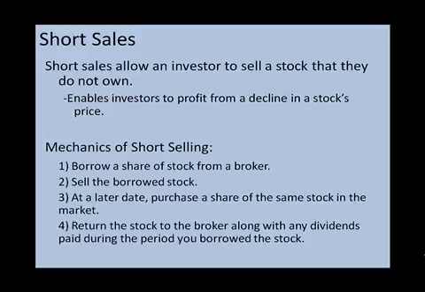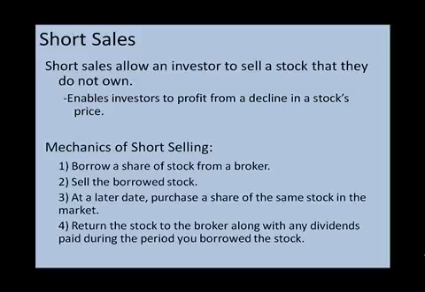So how do you sell a stock that you don't own? Well, the first thing you've got to do is borrow a share of stock from a broker. Once the broker has agreed to lend you a share, you then sell that share of stock. That gives you some income today because you've sold the share, so you get the money from the sale. At a later date, maybe a month or a week later, you have to purchase a share of the same stock in the market.